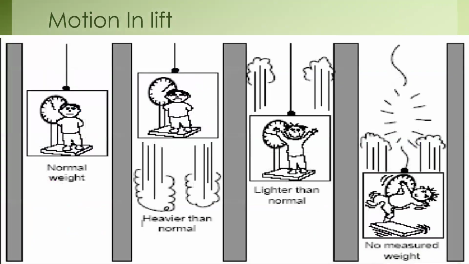Now, motion in a lift. The motion in a lift depends on which direction the lift is moving and what the state of the motion is. For example, a person is standing and the lift is initially stationary, at rest. So what are the forces acting on the person?